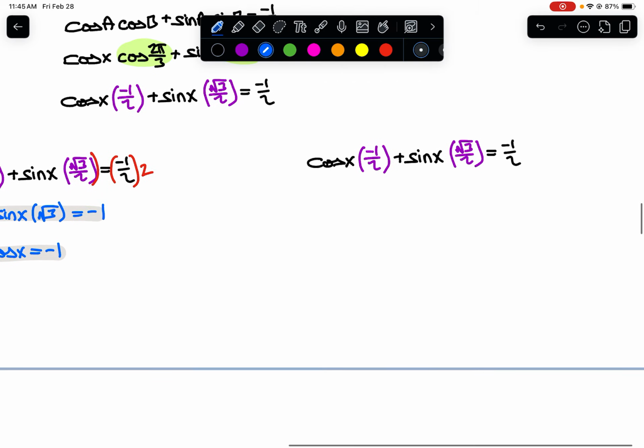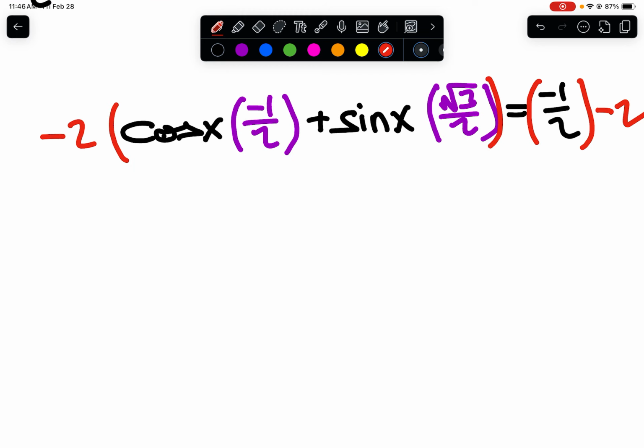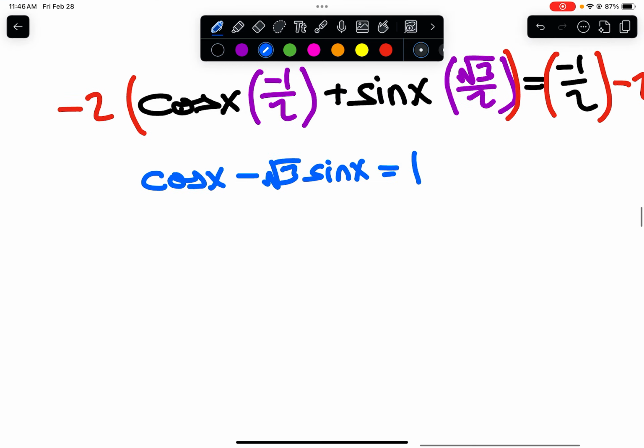Now over here, let's multiply by a negative 2 and see how this changes. If I multiply by a negative 2, then this would be positive cosine x minus root 3 sine x equals a positive 1, so that could be a variation.